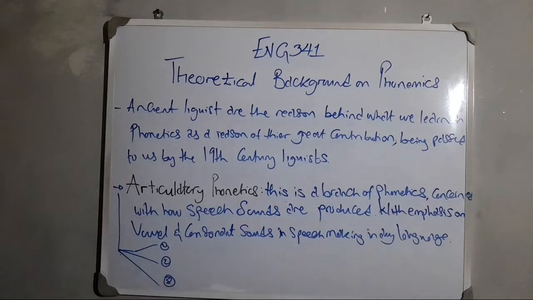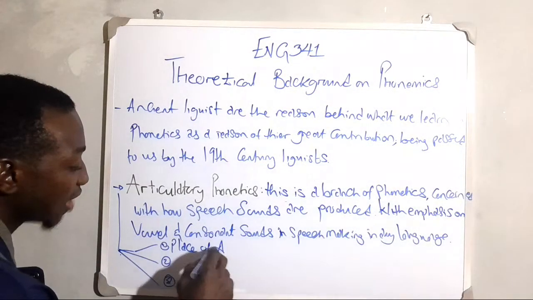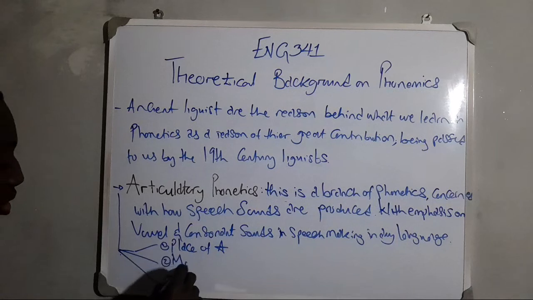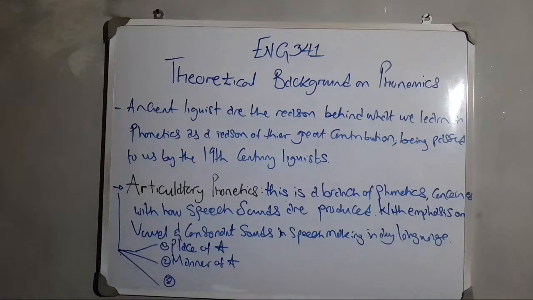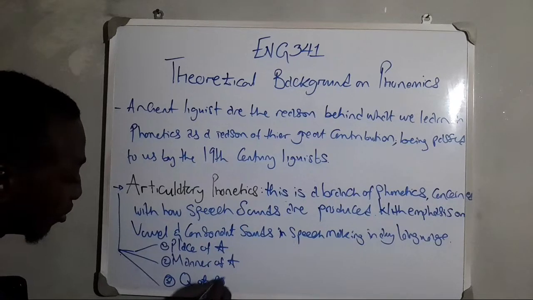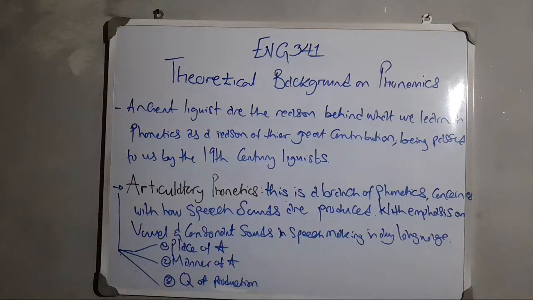These three areas are place of articulation, manner of articulation, and quantity of production. So that is all we have under articulatory phonetics.